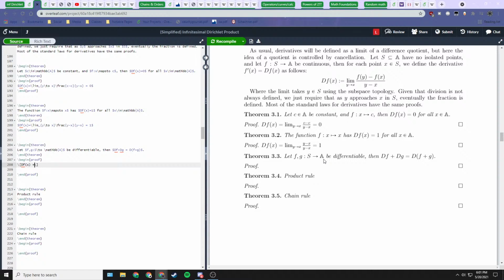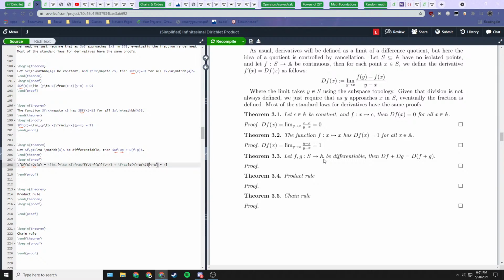df of x plus dg of x, so we'll have two different limits. We'll have y going to x, and in the numerator, for the derivative of f, it's f of y minus f of x over y minus x. And we also have plus the same exact limit, but for g.